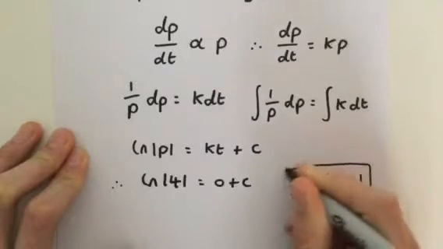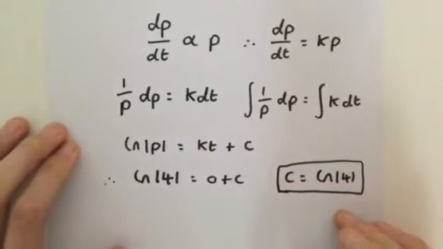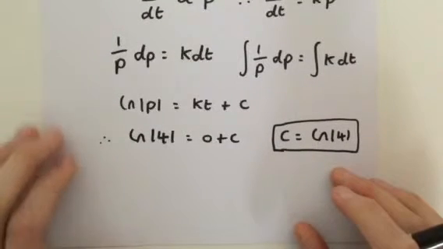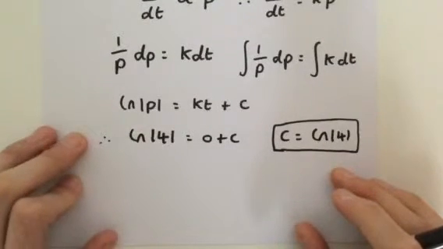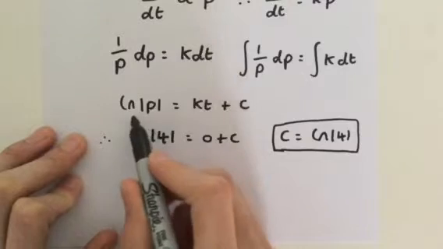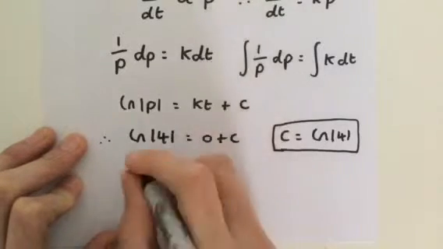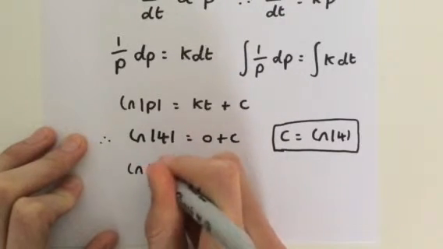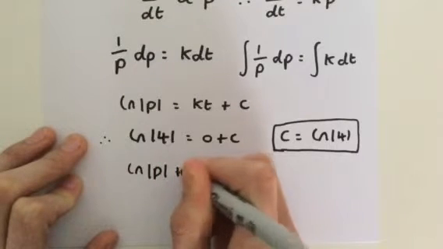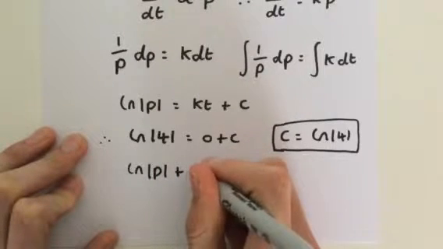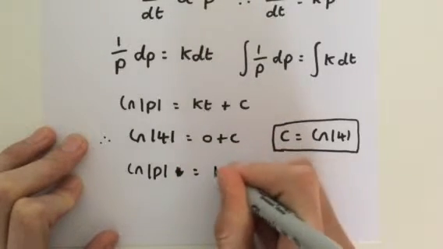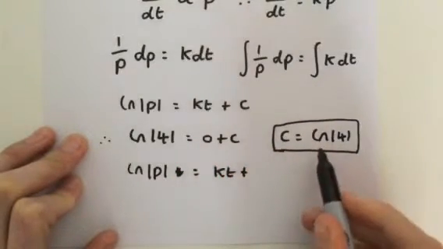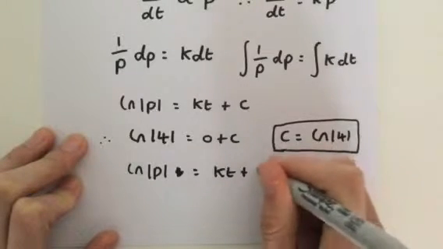That's brilliant. So we've got our constant of integration. We can rewrite this equation as natural log of P equals kt plus the constant of integration, which is the natural log of 4.